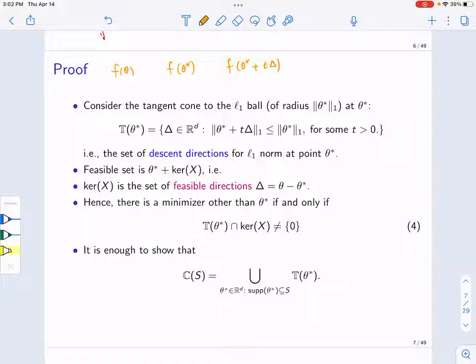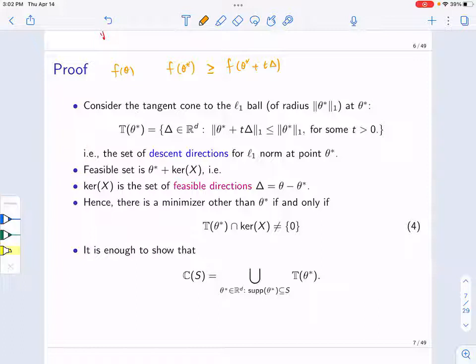If I look at this and compare it to this, basically the directions in which this is going to be less than or equal to f of theta star are the directions that I can descend on the function. Okay. So I can decrease the function in those directions. So let's say fix the direction.